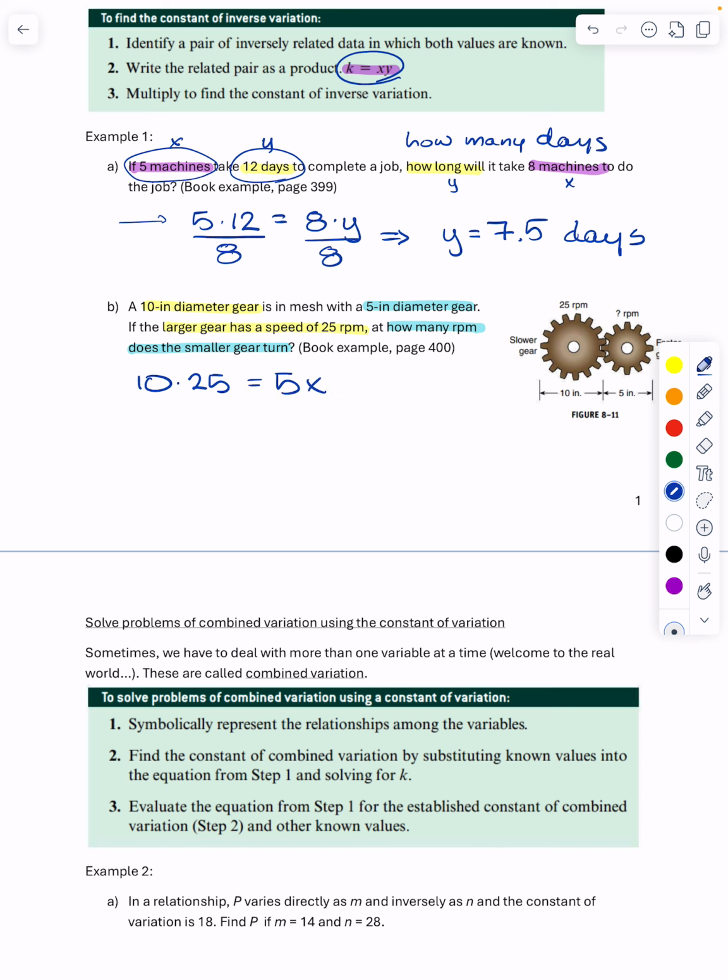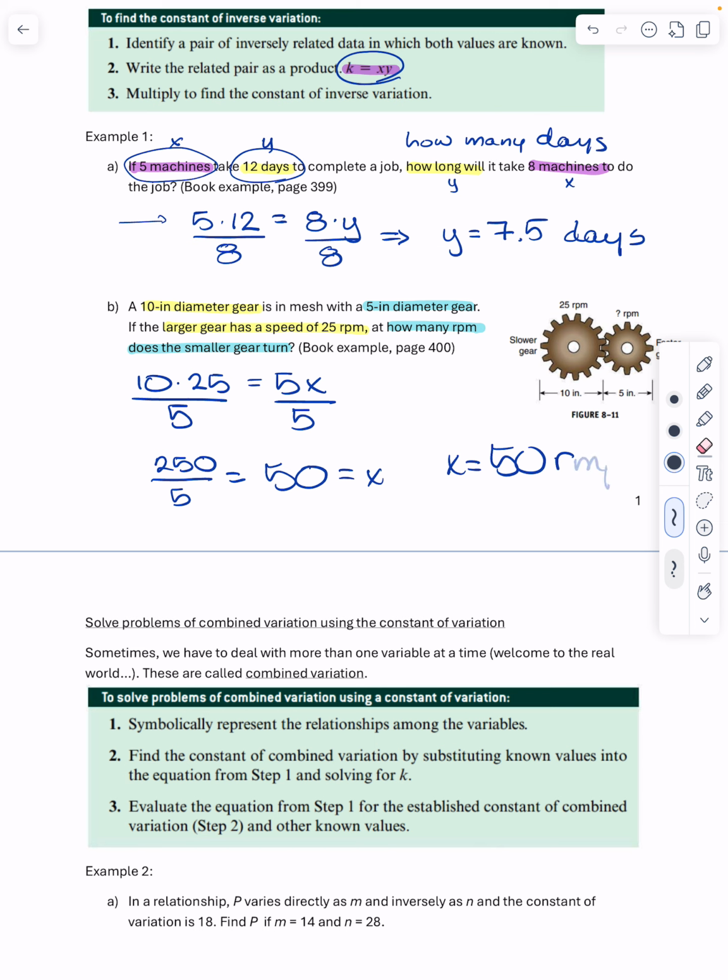My smaller gear, again, it doesn't matter if I'm calling it x or y. Divide both sides by 5. 10 times 25, I will write it out here because I left myself a little more room. 250 divided by 5 is 50 equals x. X is 50 revolutions per minute, RPM. Sometimes my mouth works faster than my hand.